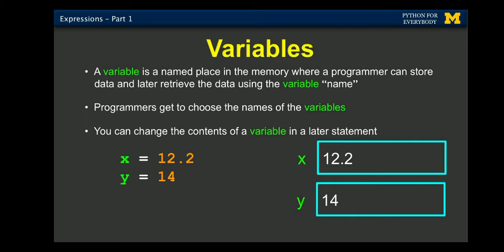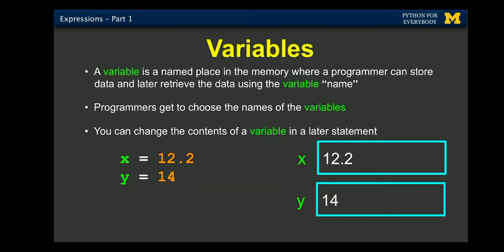A variable is a named place in memory where a programmer can store data and later retrieve the data using the variable name. It's like a block where you put something, and in case you want that book again at another time, you can access that block and find the book over there. So it's like an address, or a named place in the memory where a programmer can store data and later retrieve it using the variable name, like the example of the book in the block. Programmers get to choose the names of the variables.